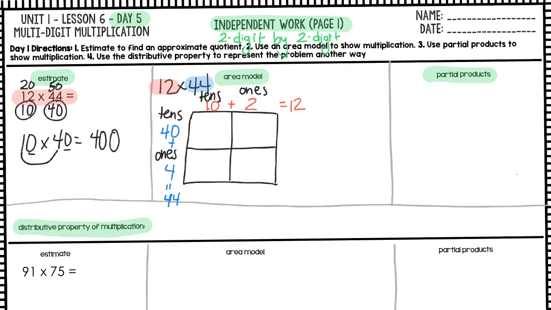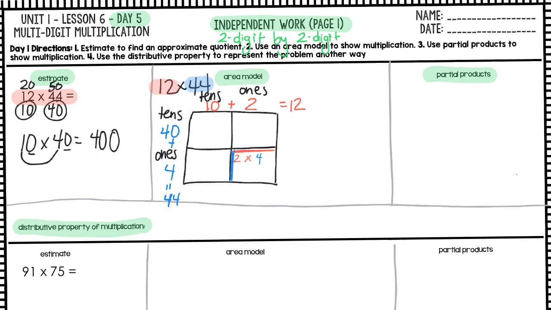So I will start and I will say, okay, I'm going to start in my ones place. 2 is represented in this space right here. 2 times, and then I say, okay, over here, this space is representing 4. So that will be 2 times 4.